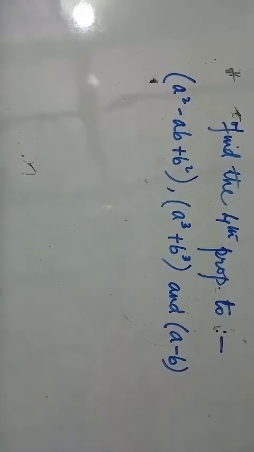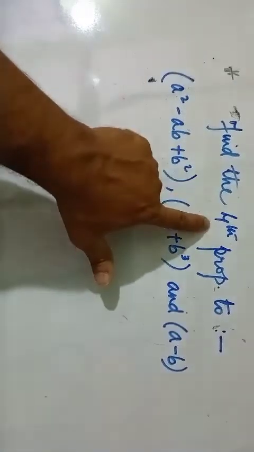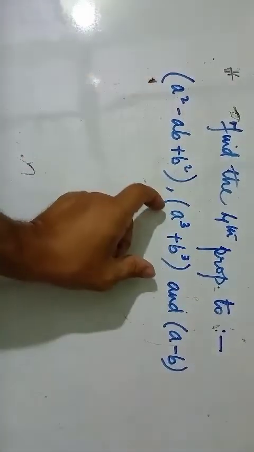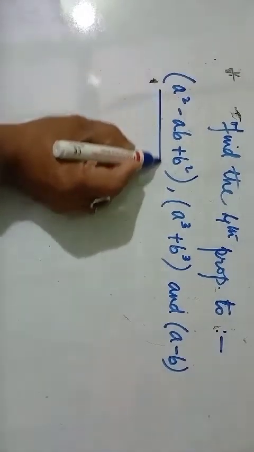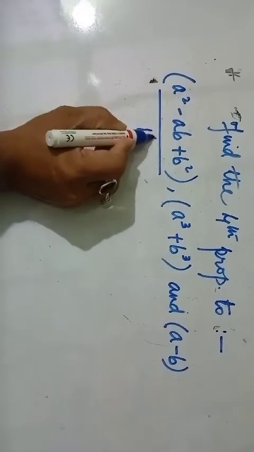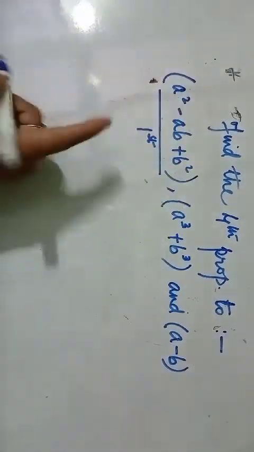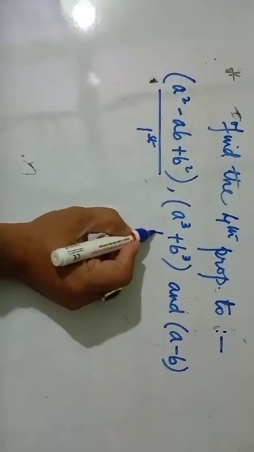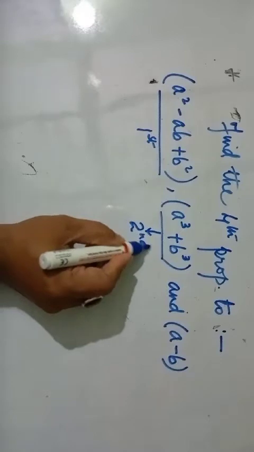Now let us understand this question first. The question says find the fourth proportional to this, comma, this and this. So essentially what you are seeing as a part of the question is this first number or the first entity will be the first proportional, this one will be the second proportional.